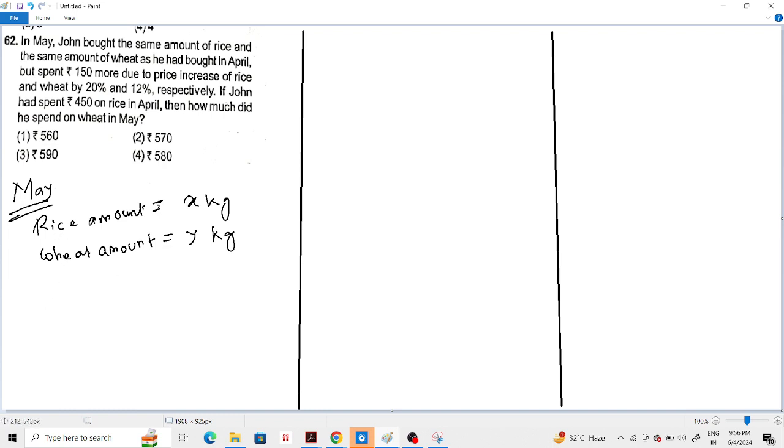Yes, let me do it in this way once. So rice amount is x kg, wheat amount is y kg. Because if it is compact then Shritama might not be able to understand that, so just for more clarification, rice amount is taken as x kg, wheat amount is taken as y kg.